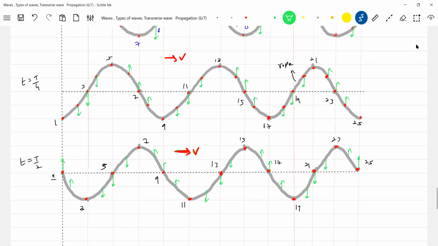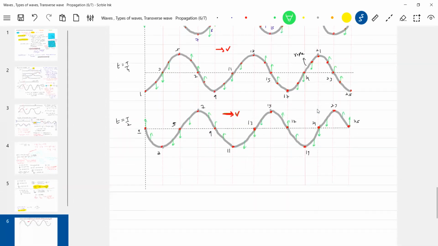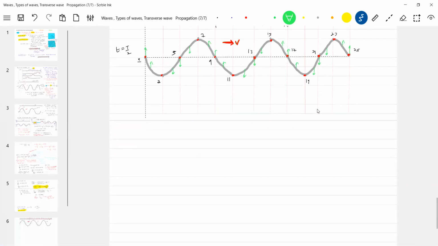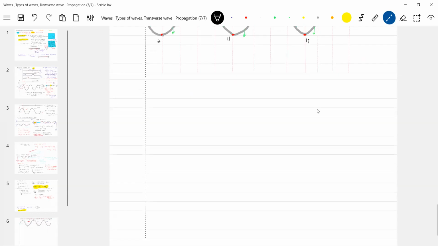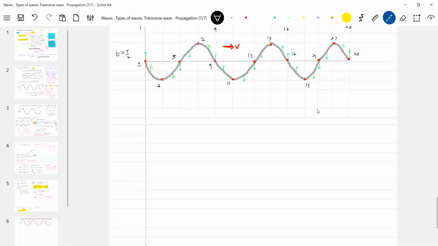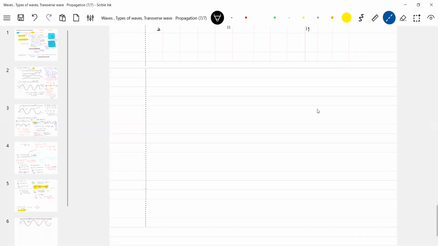Okay, this is about T equal to 3T by 4. Oh, we have to go to the next page. Again, we have to plot. Okay, so same thing.